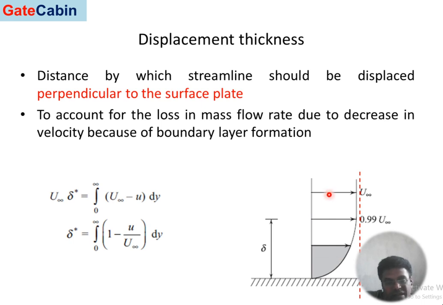What would be the displacement of this outermost boundary line? The formula for calculating this displacement thickness can be represented like this, whereby you have the local velocity in comparison to the free stream velocity, and we integrate this over the entire distance from 0 to infinity, or probably till the boundary layer thickness here.